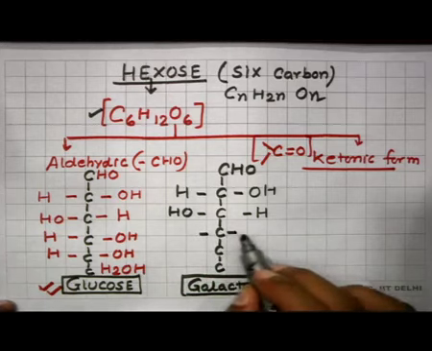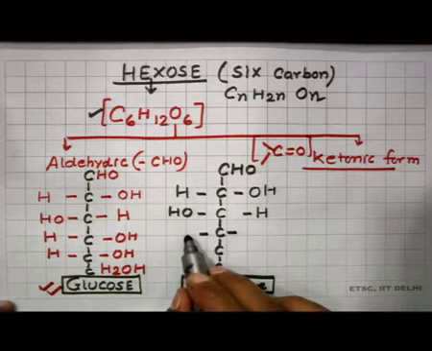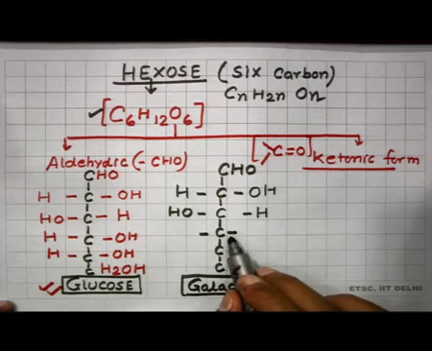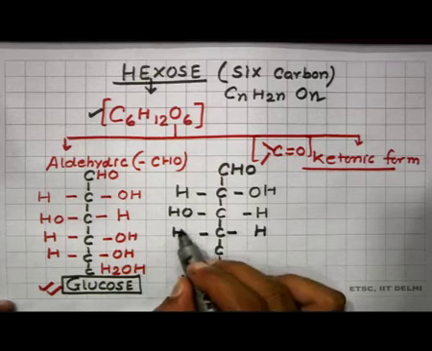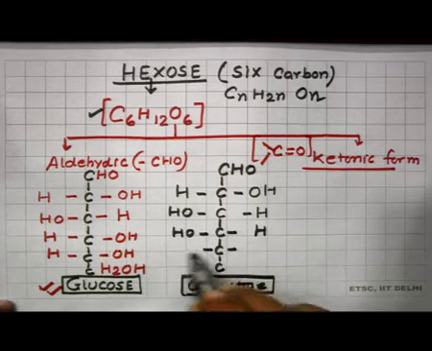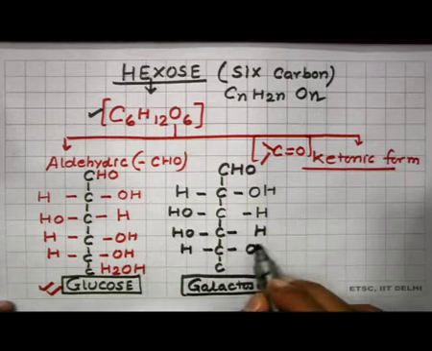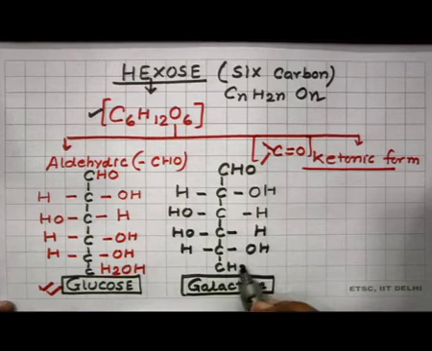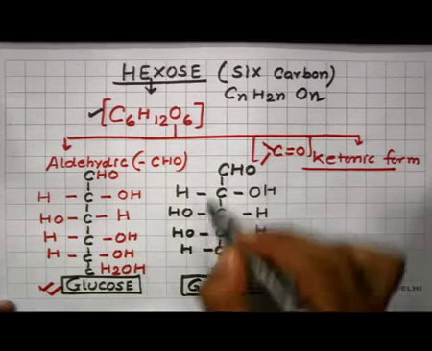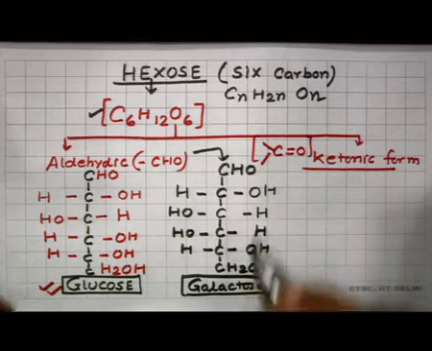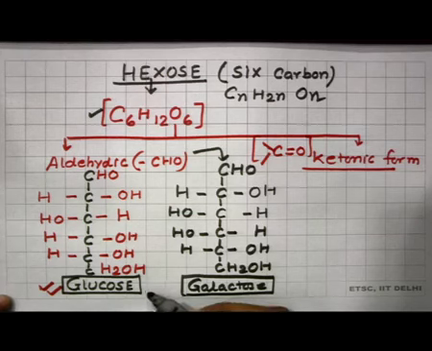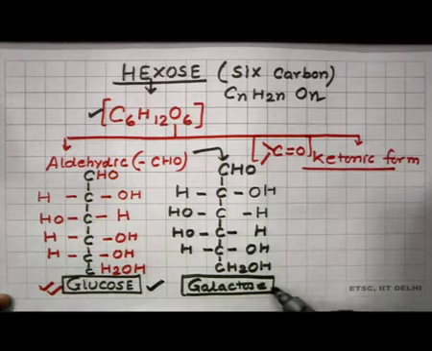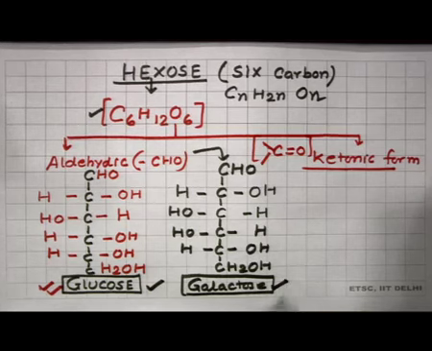Here in glucose H is on the left side and OH is on the right side, but here it is same as second, H OH, here H OH, here CH2OH. So, this is the aldehydic form of hexose, and there are two examples here, one is glucose, another is galactose.